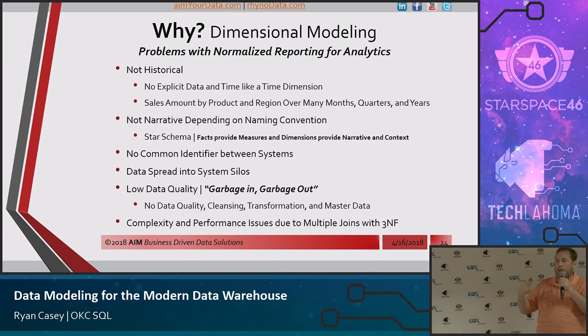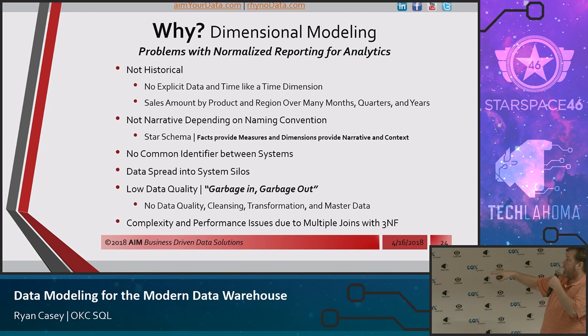We have an analytical question, and the answer of who or what or where is important, and it's different. So that's why we care about the context. If you don't have that context, it's a lot harder to answer those questions. If you deal with the data from the context and drill into it, that makes sense. We can solve problems that way. So that's why a star schema's context is so important.